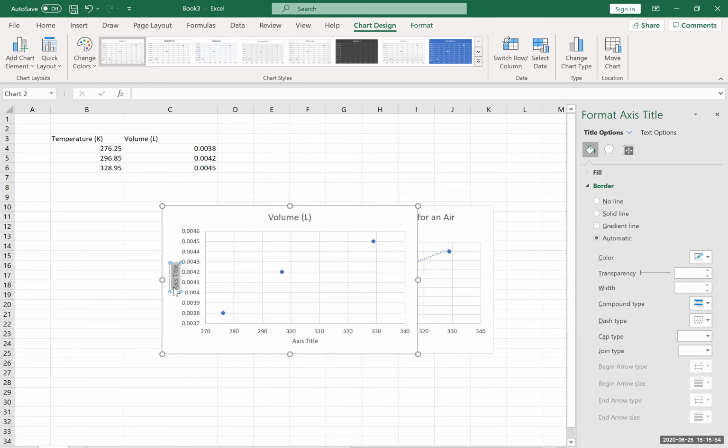So we have our volume on the y-axis and our temperature in kelvins on the x-axis. We'll write our title as volume versus temperature, Kelvin, for an air sample.